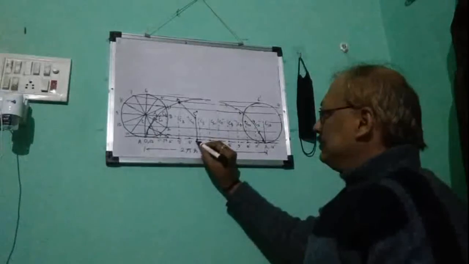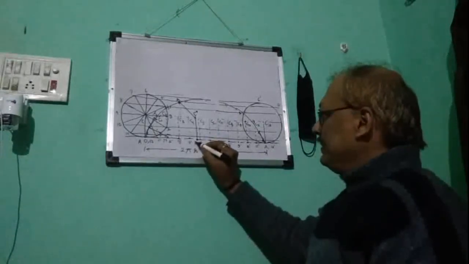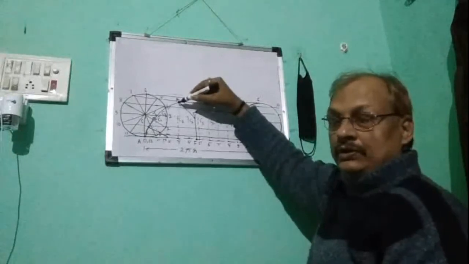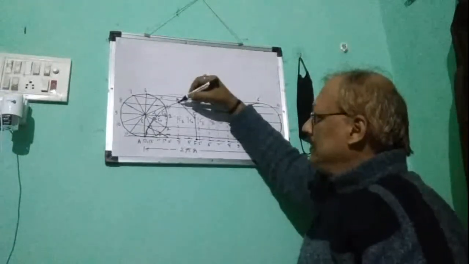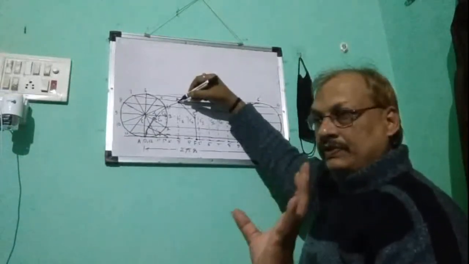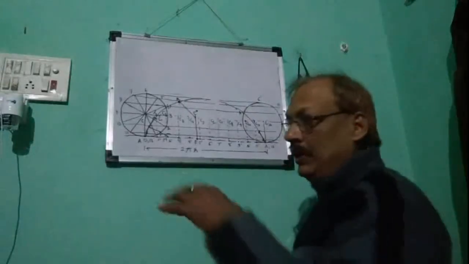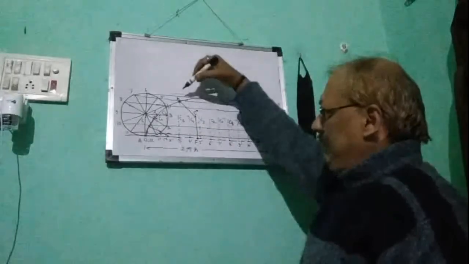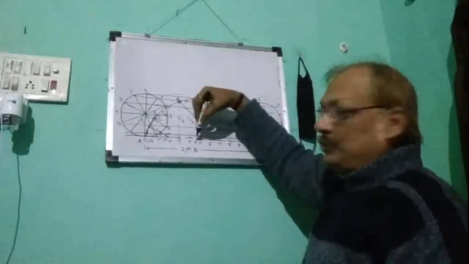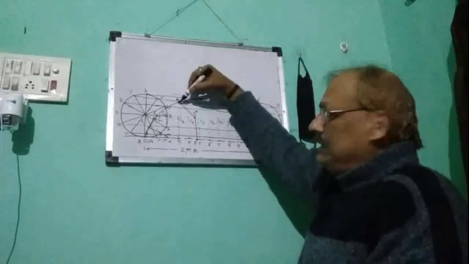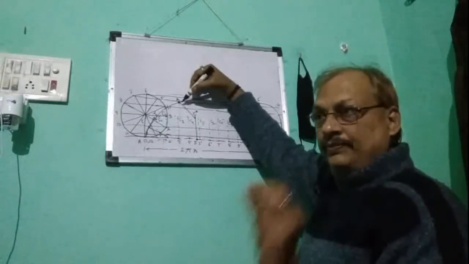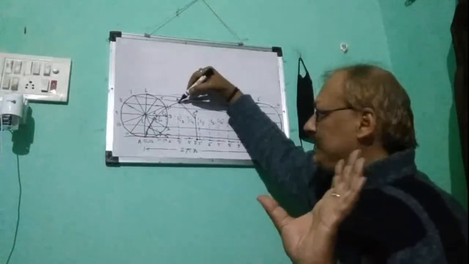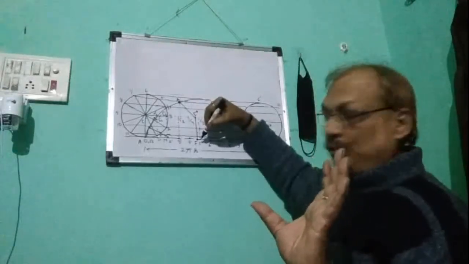Now for foot I am writing F. Now this foot is to be joined to the point on the current situation of that cycloid. The foot should be joined to the current position of the point, or the point under consideration is to be joined to the current foot.